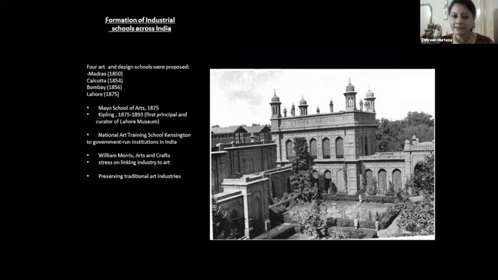And there were different factors that prompted the foundation of these industrial schools. One of these was this idea that was being proposed by William Morris and the arts and crafts movement that was linking industry and art. You had massive industrialization taking place there. It was proclaimed that the objects are ugly, etc., and therefore we need to turn to beautiful things.